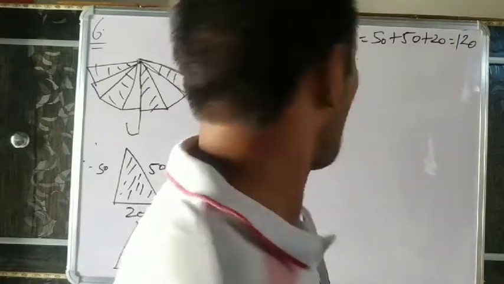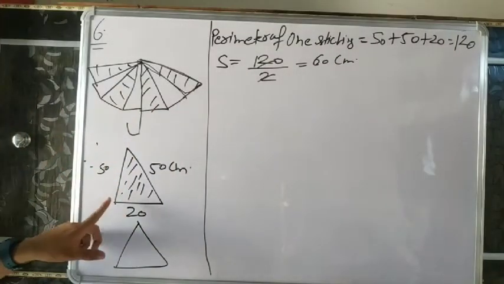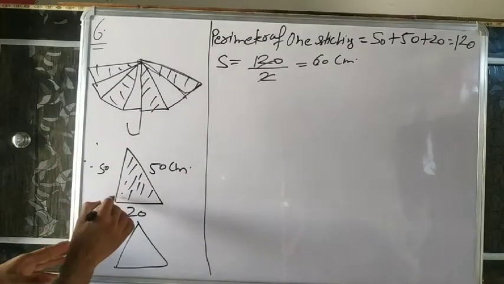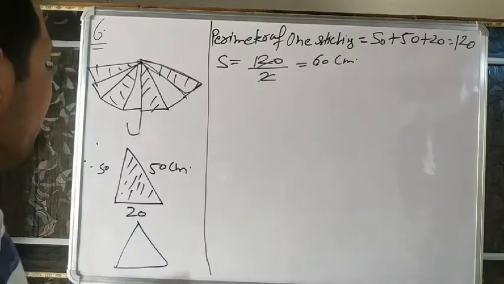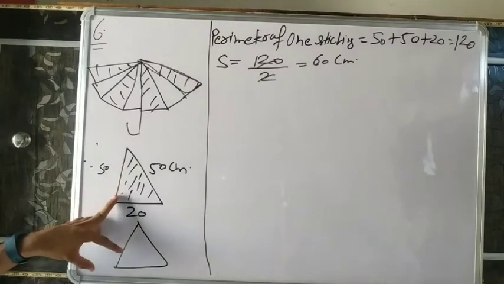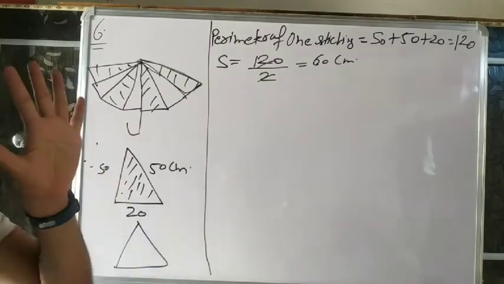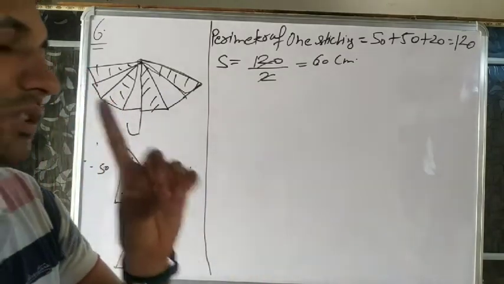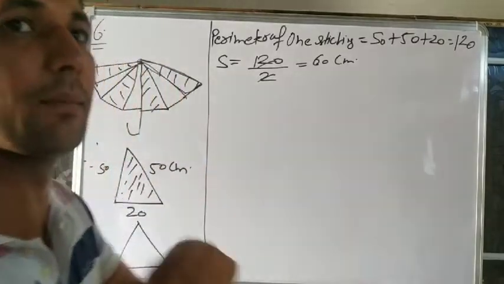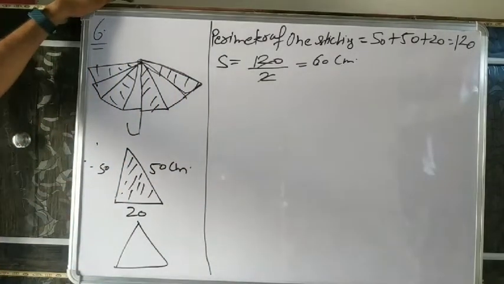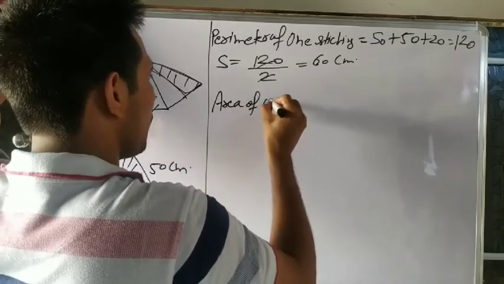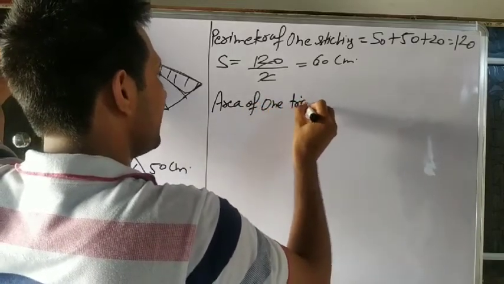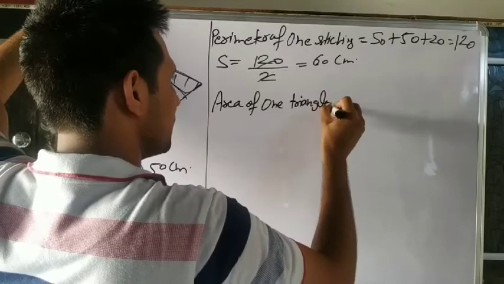And we want to find how much area of each color. We know there are two different colors, and every color has 5 stitchings. So first we will find the area of one stitching and multiply by 5. Very good. So find the area of one triangular piece.